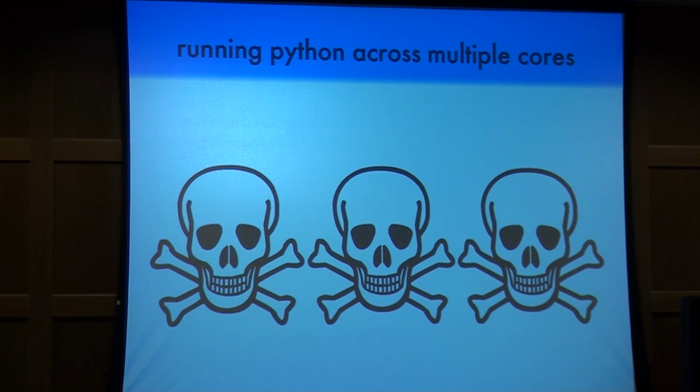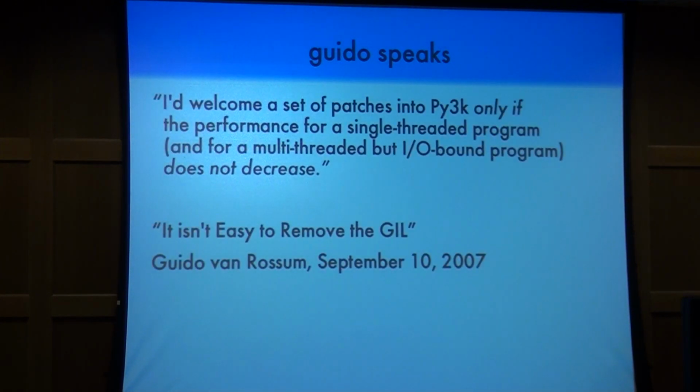Now, it's not that Guido hasn't heard about this. In 2007, Guido wrote a blog post on his old Artima blog where he addressed getting rid of the GIL. People have been talking about it for, at this point, decades. What he said was, I'd welcome a set of patches into Py3K, which is back before it was called Python 3 officially, so Python 3000 back then, only if the performance for a single-threaded program and for a multi-threaded but I/O-bound program does not decrease.